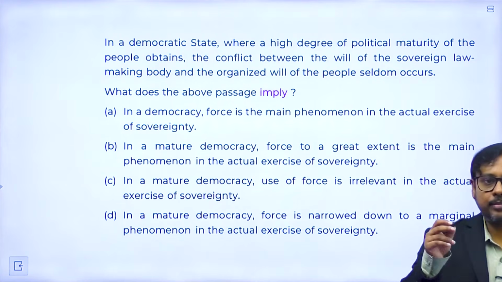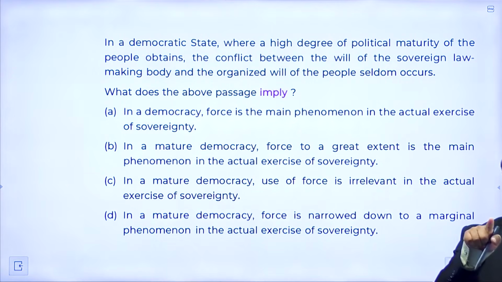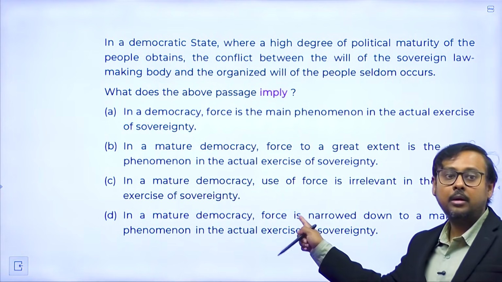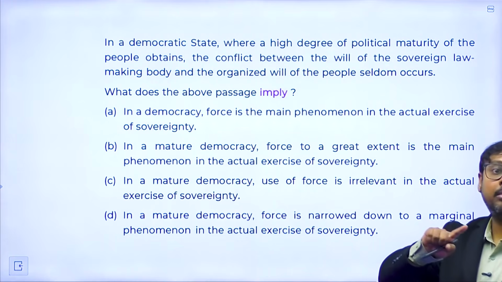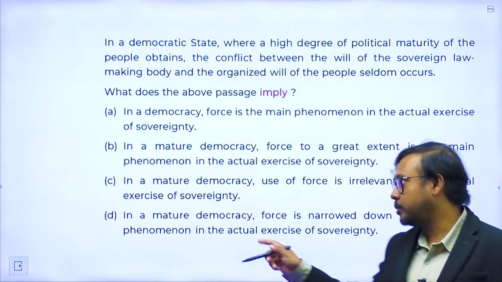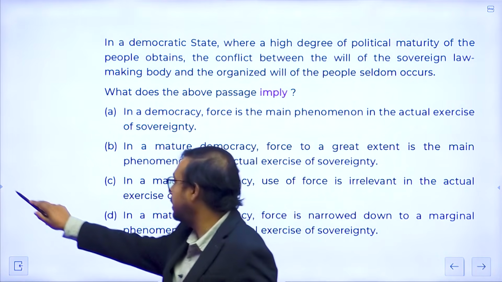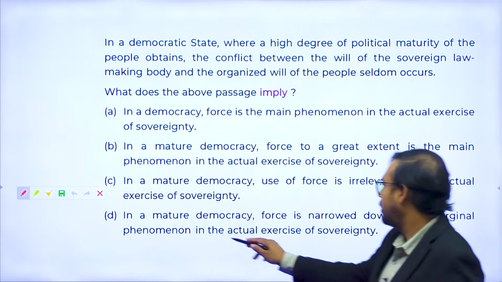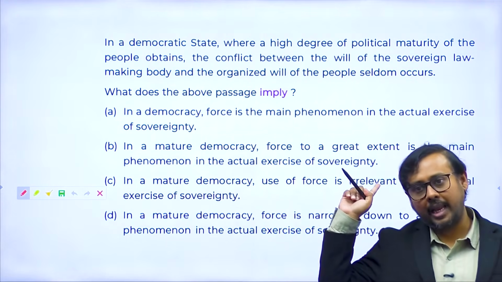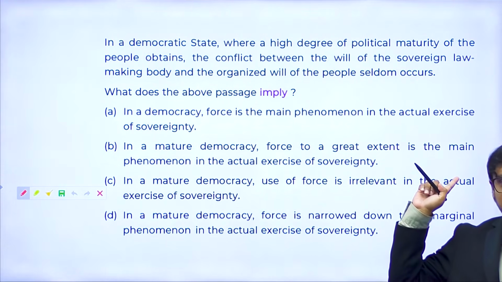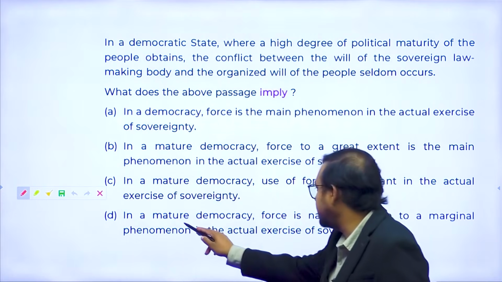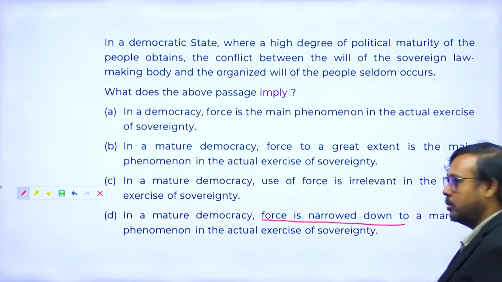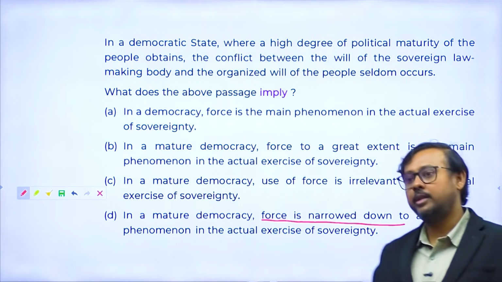Now, why is it important, and this is very important. If they will not frame a crux question in this way, they are talking about force, right? This is the nature of an implied question. Did they mention anywhere about force in the passage? But here it is talking about force being narrowed down. This is implication. Outside knowledge is brought.